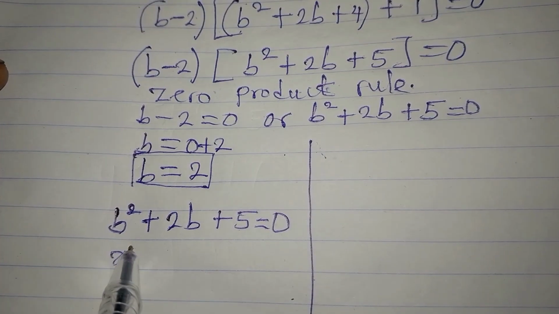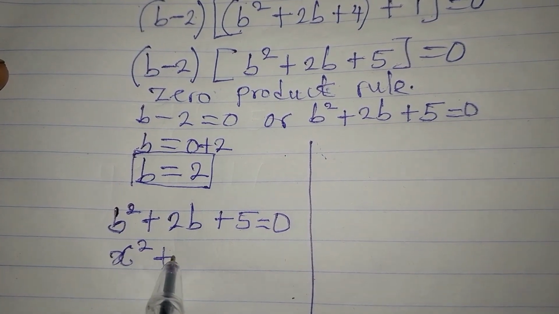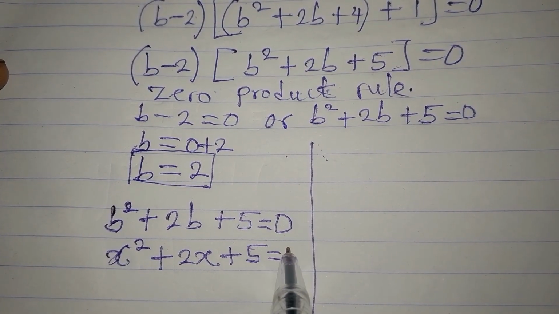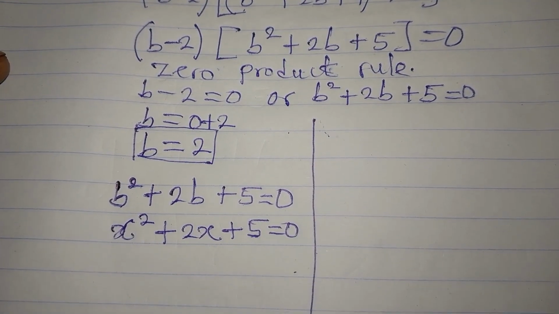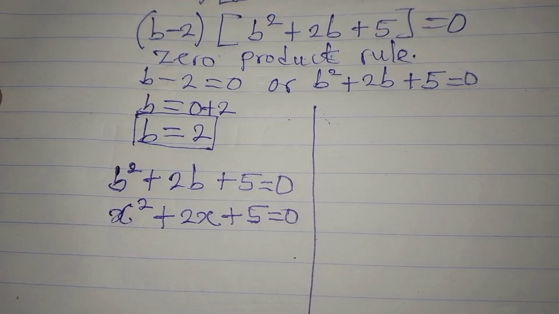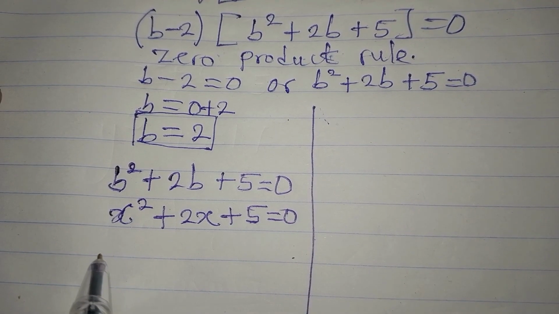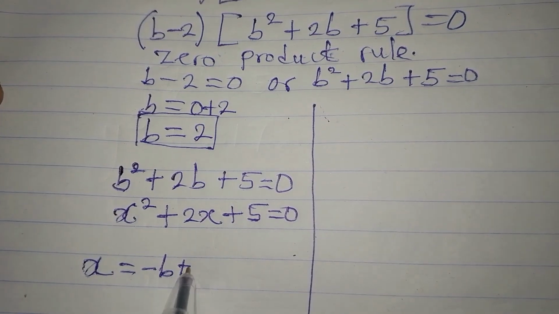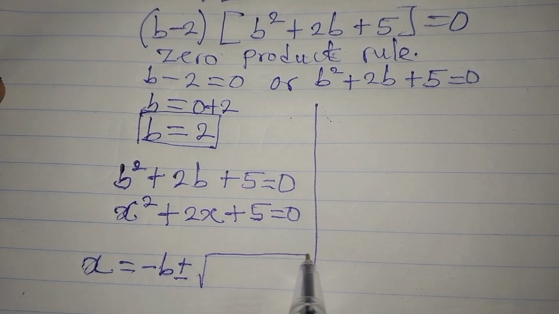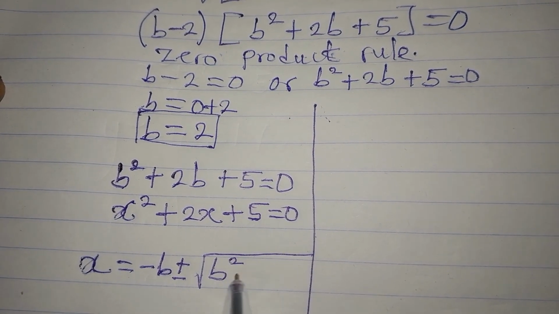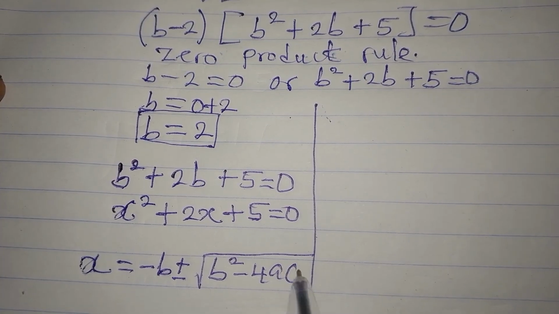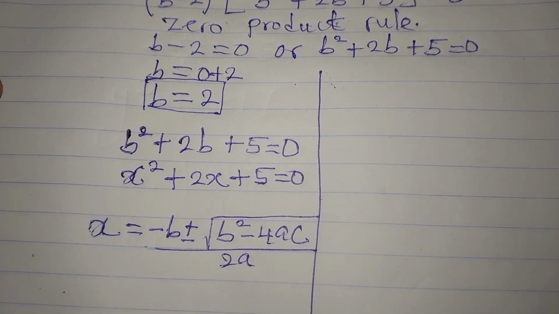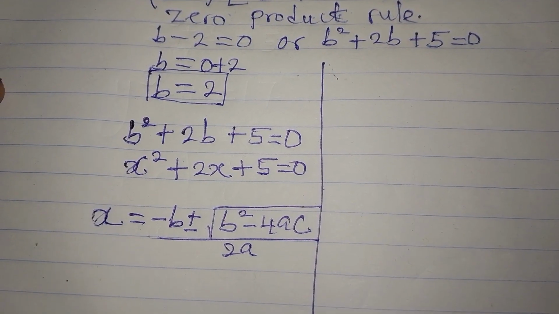So let's write x squared plus 2x plus 5 equal to 0, meaning that x is now representing the b. And what is the formula? The formula is x equals minus b plus or minus the square root of b squared minus 4ac over 2a. This is what we call the quadratic general formula.